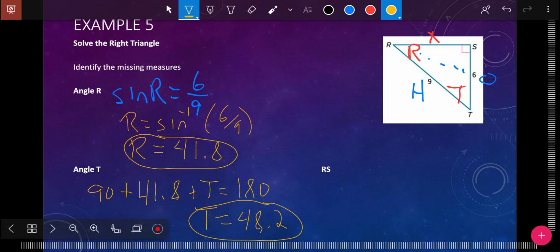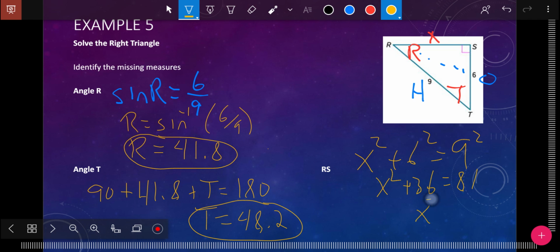And then for RS, now could I use SOHCAHTOA for RS? Absolutely I could. I would just have to use either one of these. But if I have 2 sides already, then the easiest way to find a missing side is to go back and do a squared plus b squared equals c squared. And so that's 36. 9 squared is 81.